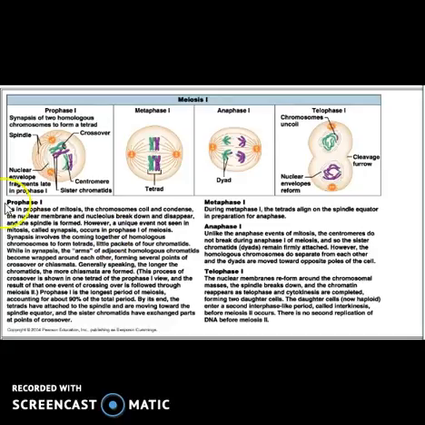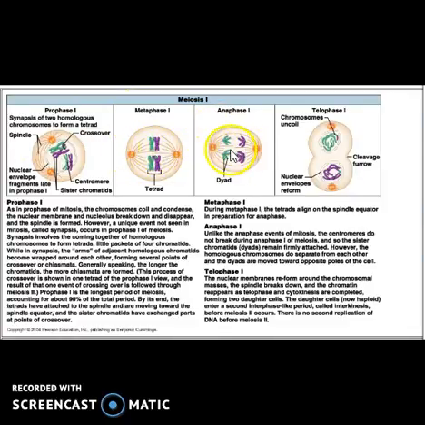And the way I remember that step is Manny Pacquiao is a boxer, and he's a southpaw, so he has a left cross, so crossing over. During metaphase, know that they align.